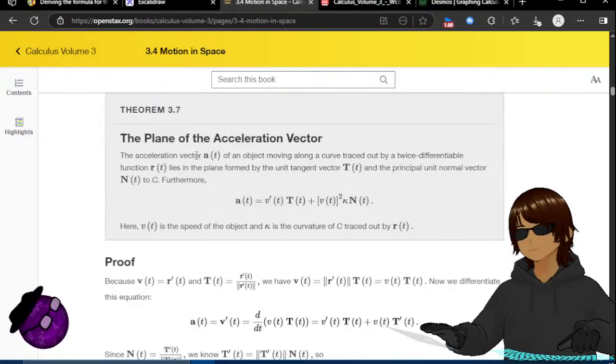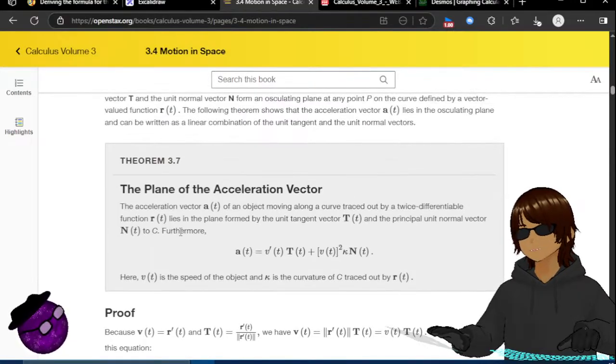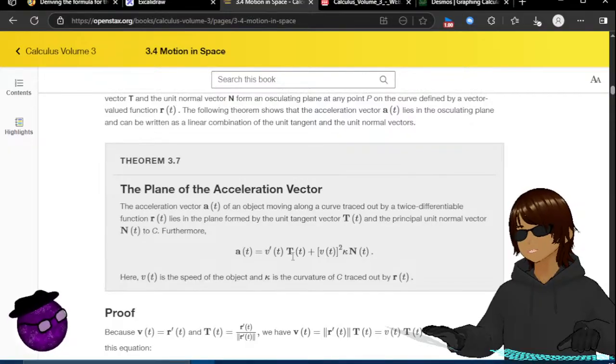The acceleration vector a of an object moving along the curve traced out by a twice differentiable function r lies in the plane formed by the unit tangent T and the principal unit normal vector N to C. Furthermore, a is the derivative of the velocity.